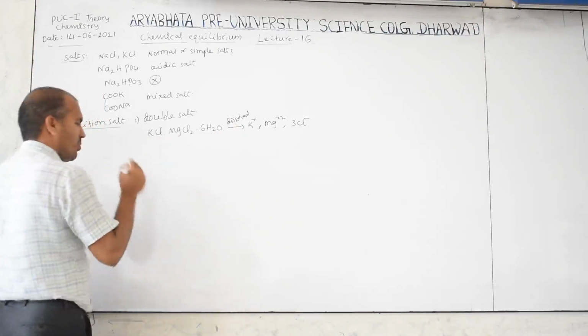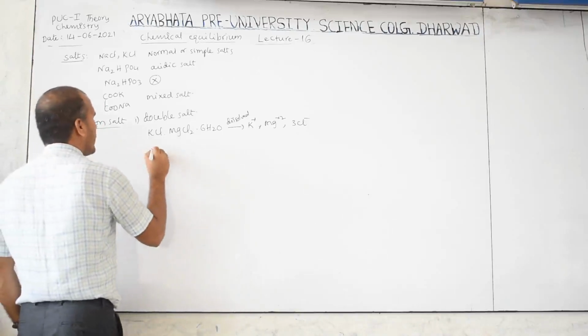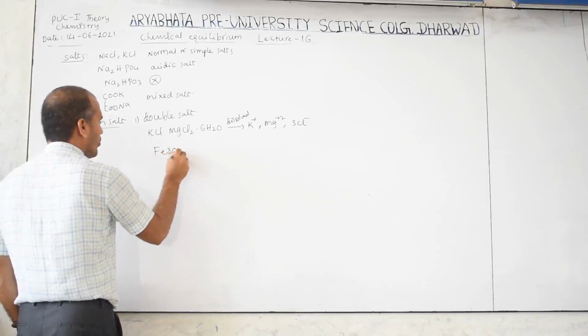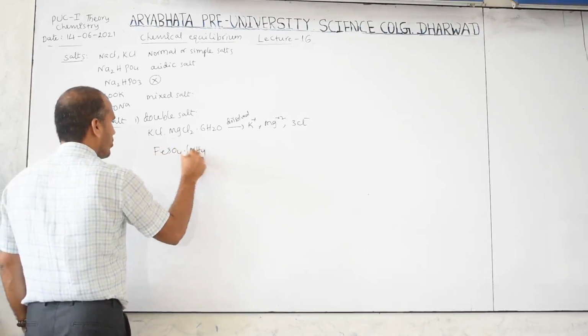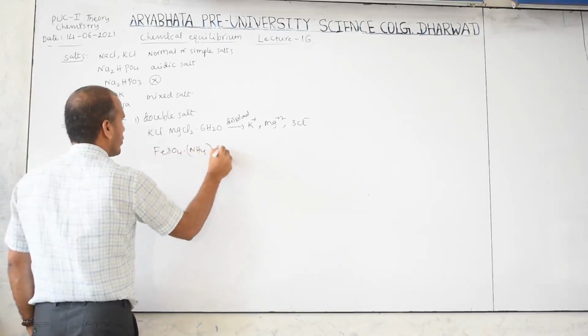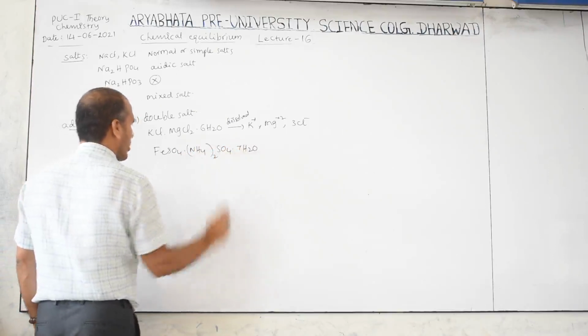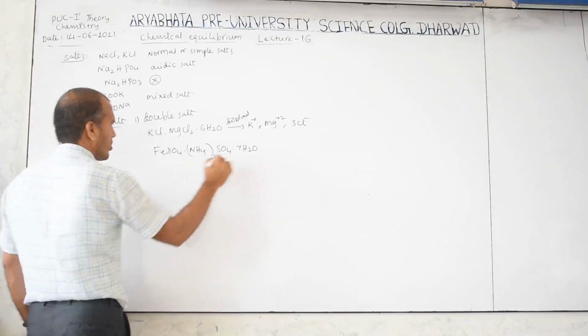Some salts I am giving. One is Mohr's salt, FeSO4.(NH4)2SO4.7H2O, like this. This is called Mohr's salt.